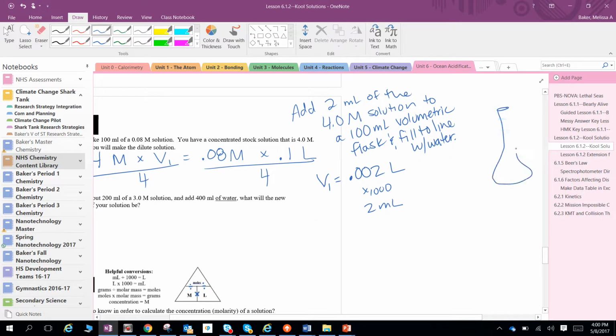So when I do that, I've got this really concentrated stuff, just a little bit of it here. It's my really concentrated stuff, 2 milliliters. And then the rest is just water. I'm not doing a very good job depicting this. So now my 2 milliliters of the really concentrated stuff spreads out in just the plain old water, and now the entire thing has a much lower concentration of 0.08 moles per liter instead of the 4 moles per liter.